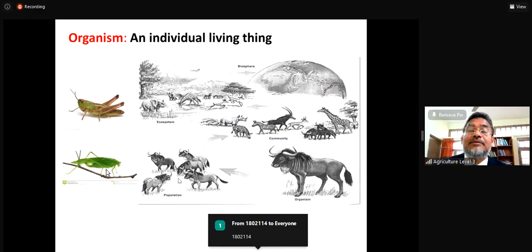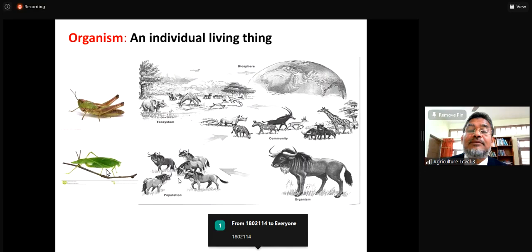We need to know when they move from one place to another, and what is happening to their life due to changes in the environmental conditions, maybe the temperature, the humidity, the rainfall, or some other biotic factors.